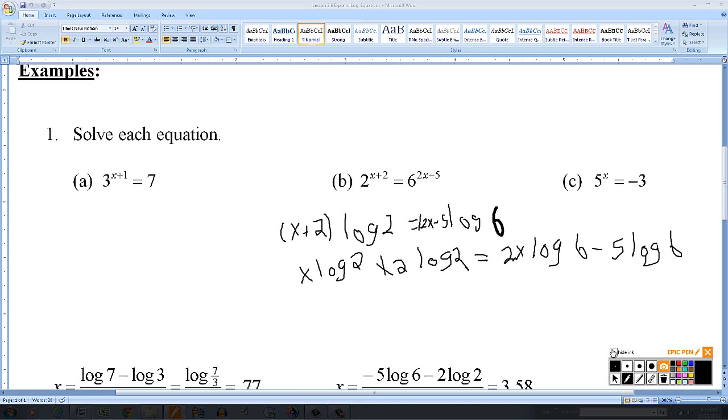Okay, now we're just going to collect our like terms, the ones with x's. The ones that have x's go to one side, everything else to the other side. So this will give me x log of 2. Then I'm going to bring this over to this side, so this will be minus 2x log of 6.